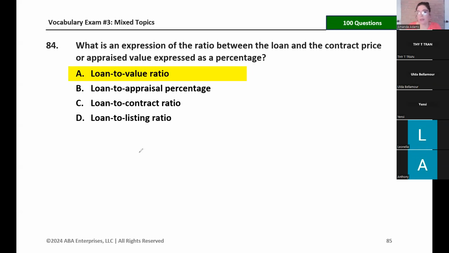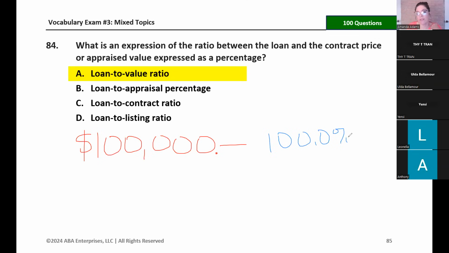So what that means, guys, is let's say you're going to borrow $100,000 for a house, and your lender says, for this loan, we're going to require a 5% down payment. Your contract price is 100,000, that would be 100%, and your down payment will be 5%.